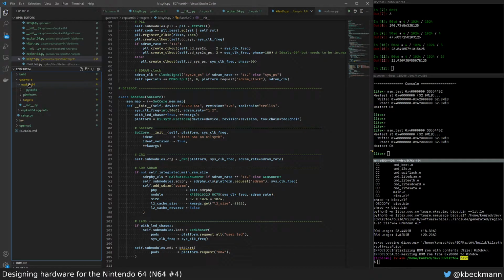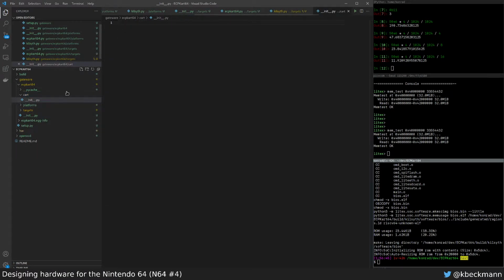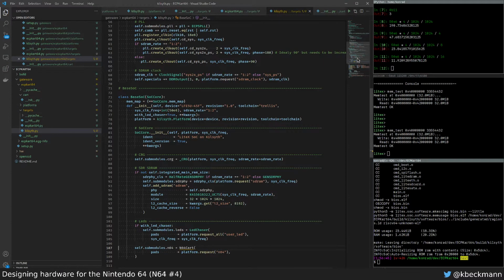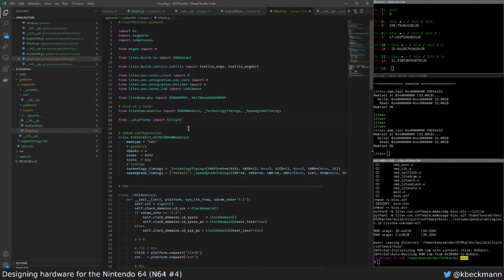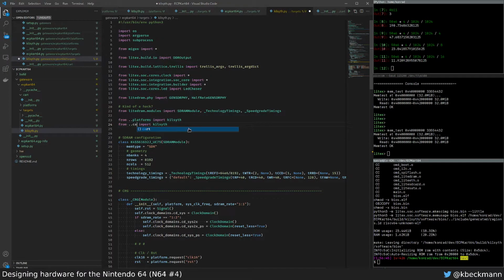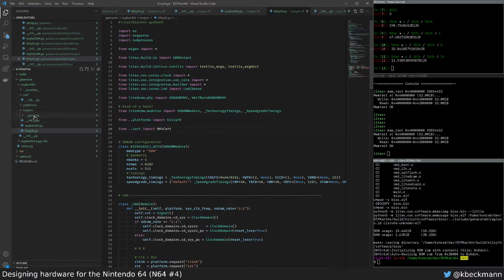I hate naming things. Let's just call it cart. And then we need a way to import it. So something like this, perhaps.